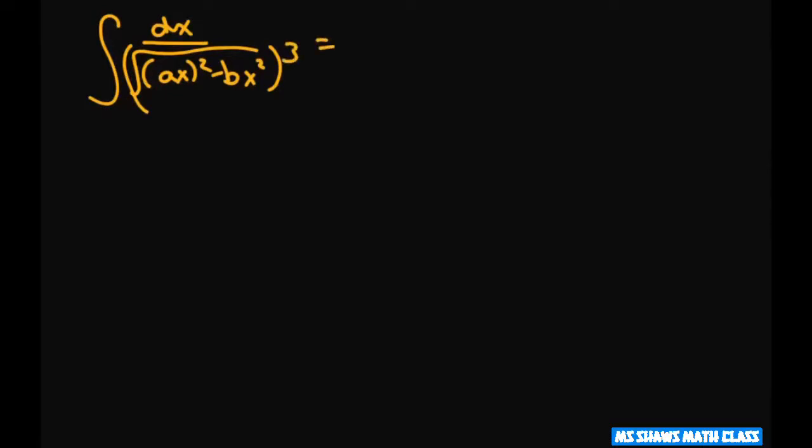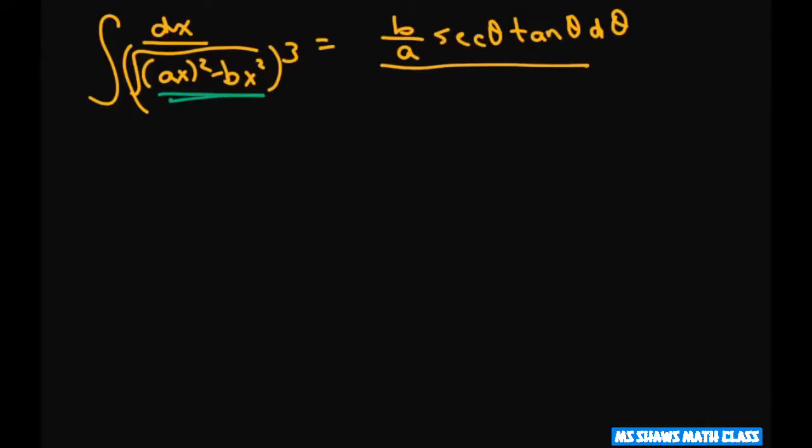So we know that dx was b divided by a secant theta tan theta d theta, and then this whole bit here was just tan, so we get b cubed tan cubed theta, and here's our d theta. All right, so let's pull everything out.